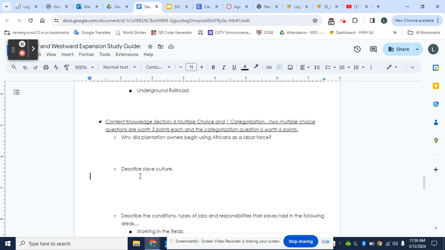Religion, also another very important aspect to slavery. Religion gives slaves a sense of hope and a sense of salvation that maybe if they cannot experience freedom in this life, then maybe in the next life they would be able to receive freedom in some way spiritually.